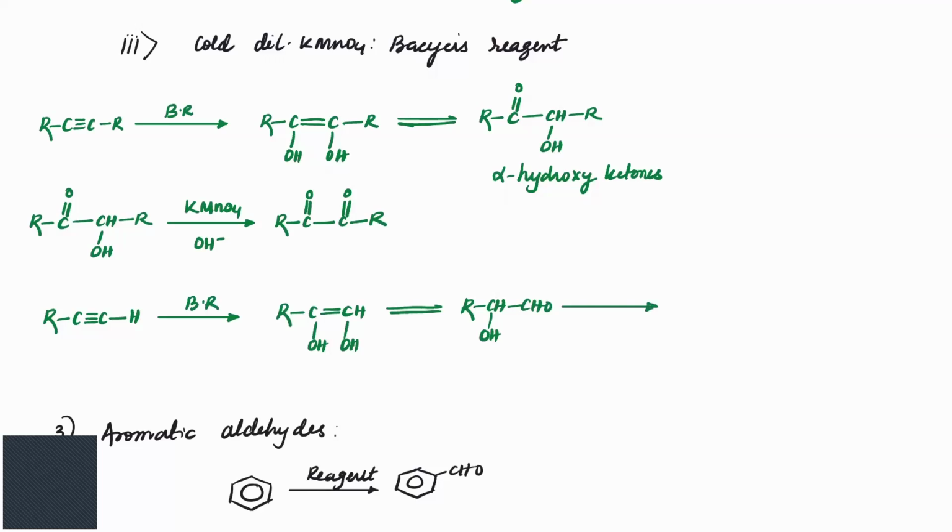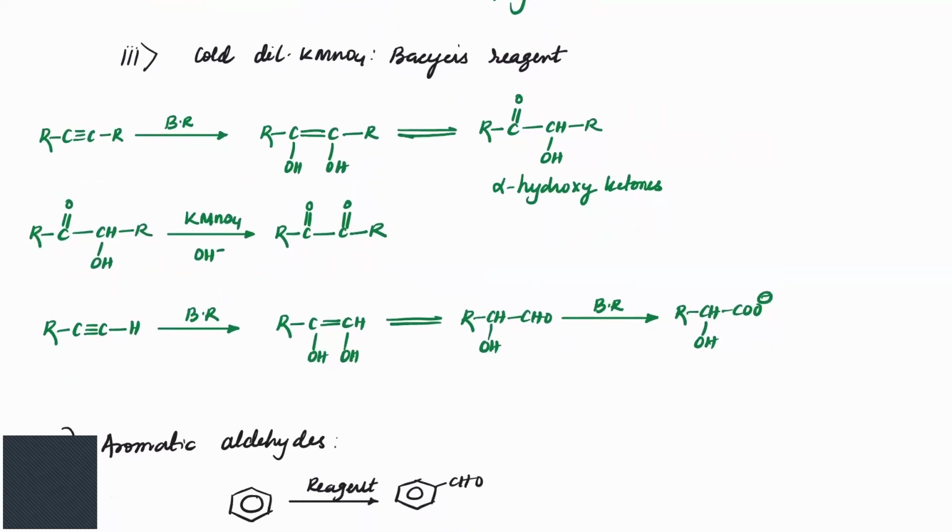And Bayer's reagent, when there is an aldehyde, can further oxidize the aldehydes into acids. So without using some new KMnO4 form, even the same Bayer's reagent will convert all the way to acids. Got it? This is what you would notice out of Bayer's reagent. Idea is simple. First, you take the triple bond, convert it into a hydroxylation, and through that we can make tautomerization and convert that into ketones.